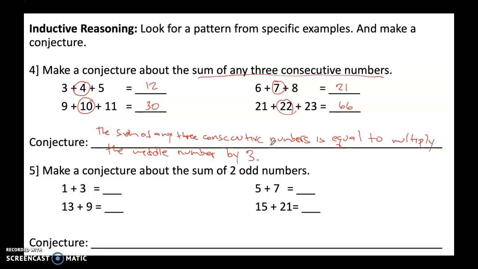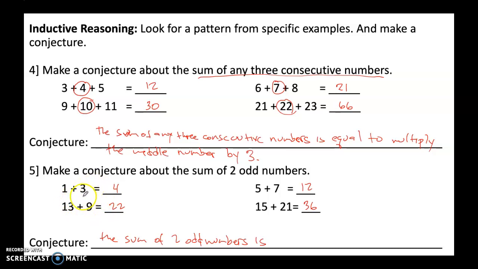Next, make a conjecture about the sum of two odd numbers. If we have 1 plus 3, that is 4. 13 plus 9 is 22. 5 plus 7 is 12. 15 plus 21, we have 36. To make the conjecture, let's identify what kind of number is the sum based on the examples.